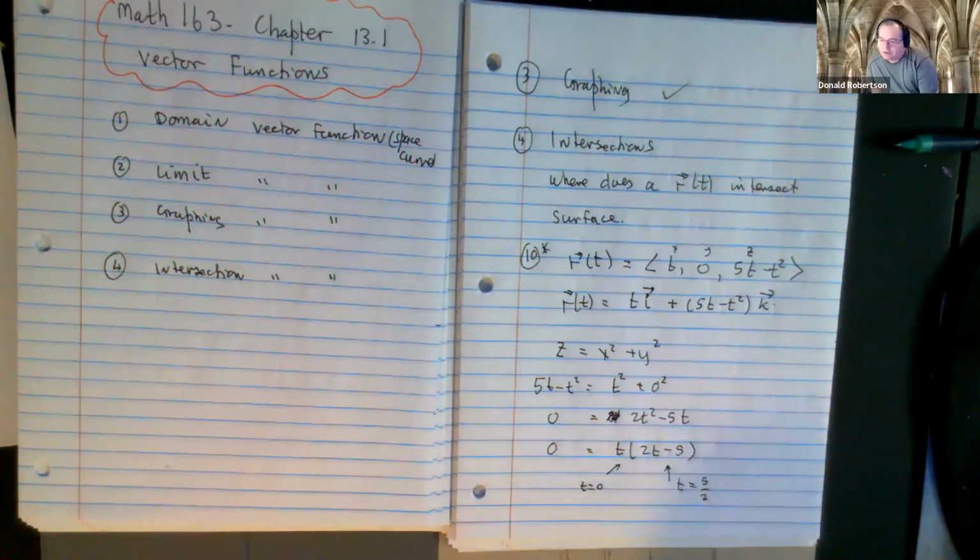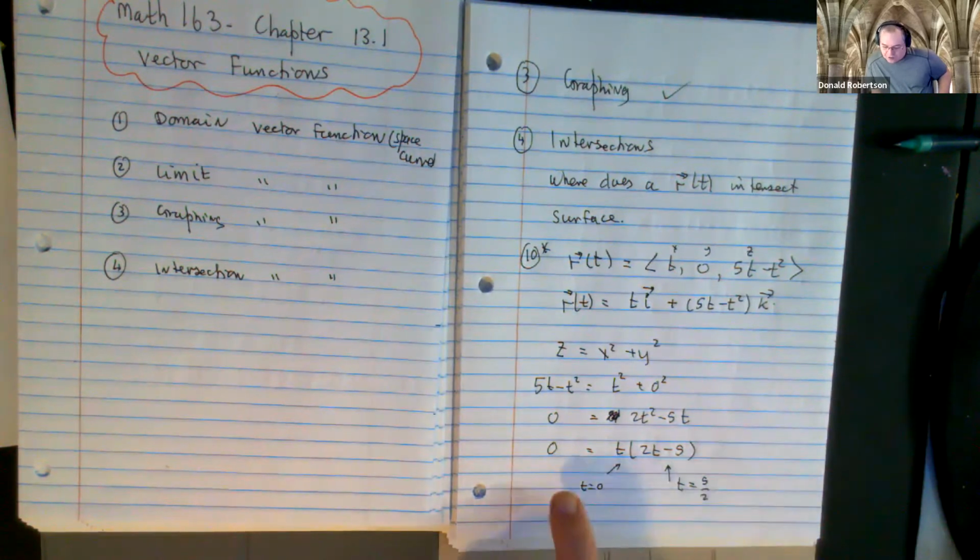So far, so good. Now, if the question had been, tell me the t values, I'd be finished. But the question is, tell me the coordinates. So I now need to know, what in 3D space are the coordinates when t is 0? And what are the coordinates when t is 5/2?